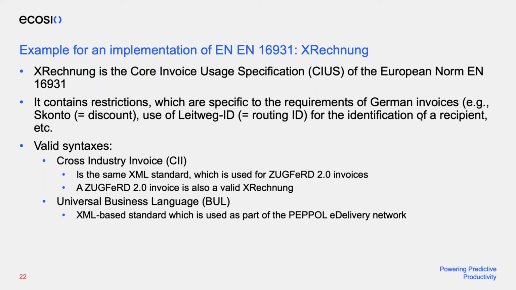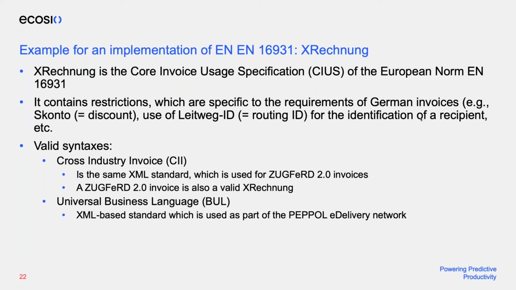So actually, the core invoice usage specification makes the very generic European norm more specific to national requirements. The same exists for Great Britain, for France, for Austria, for Italy, and so on.